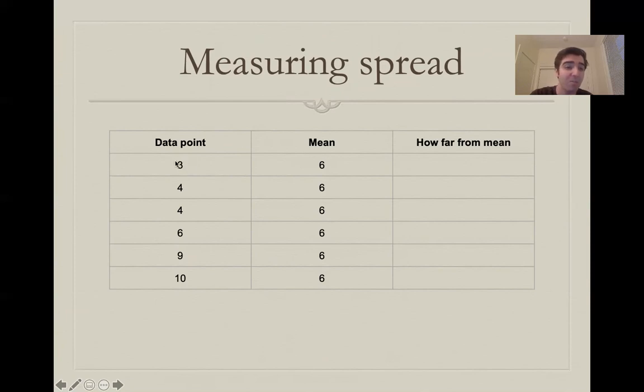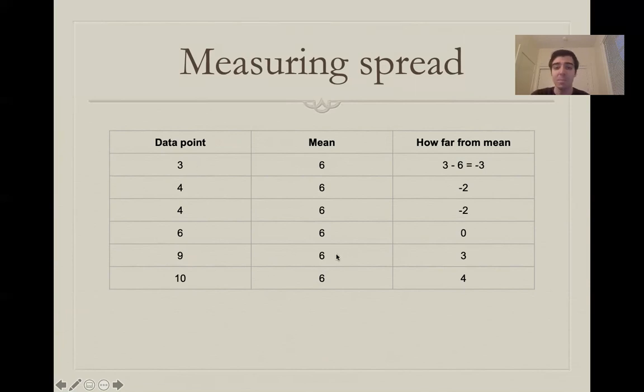I have my friend who watches 3 movies in a month. On average, my friends watch 6 movies, so this person is 3 below the average, so I'll give them a -3, 3 minus 6. Same thing for the next one, 4 minus 6, -2. And so on. Now I have a list of differences between the data points and the mean, basically telling me how far away each of these data points is from the mean.